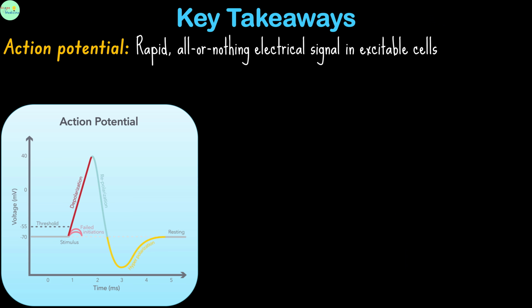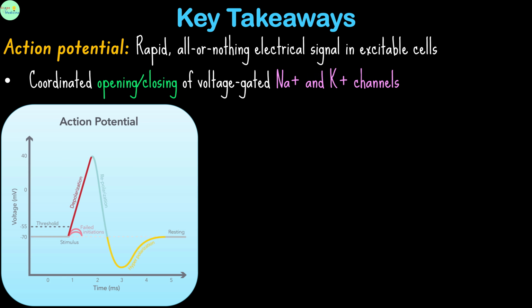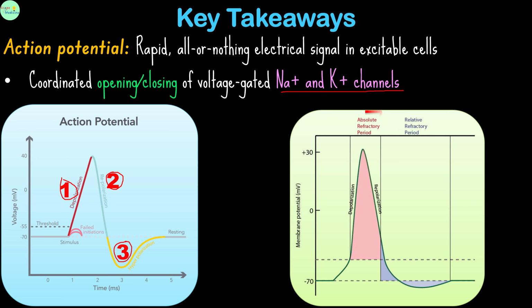In summary, the action potential is a rapid all-or-nothing electrical signal in excitable cells generated by the coordinated opening and closing of voltage-gated sodium and potassium channels. The phases include depolarization from sodium influx, repolarization from potassium efflux, and after-hyperpolarization. Refractory periods ensure unidirectional propagation and limit firing frequency.